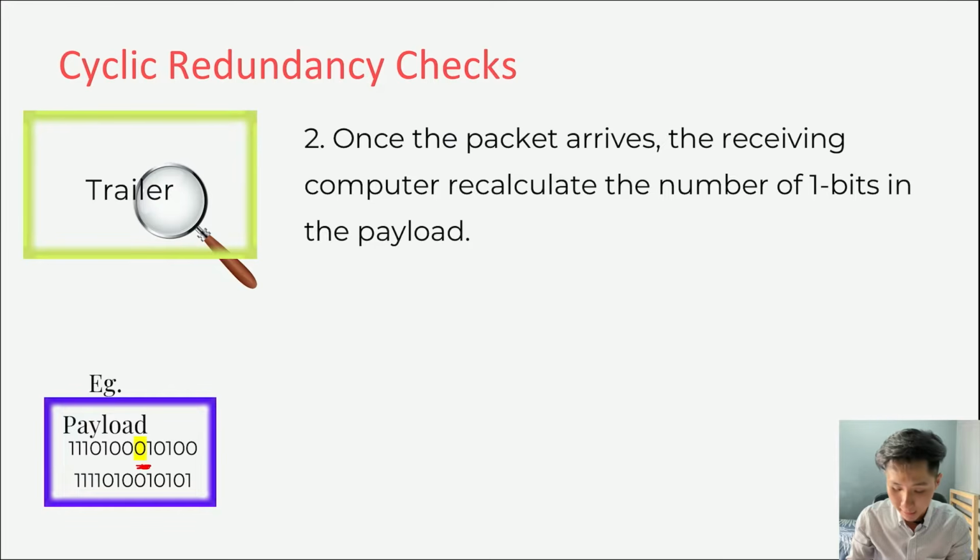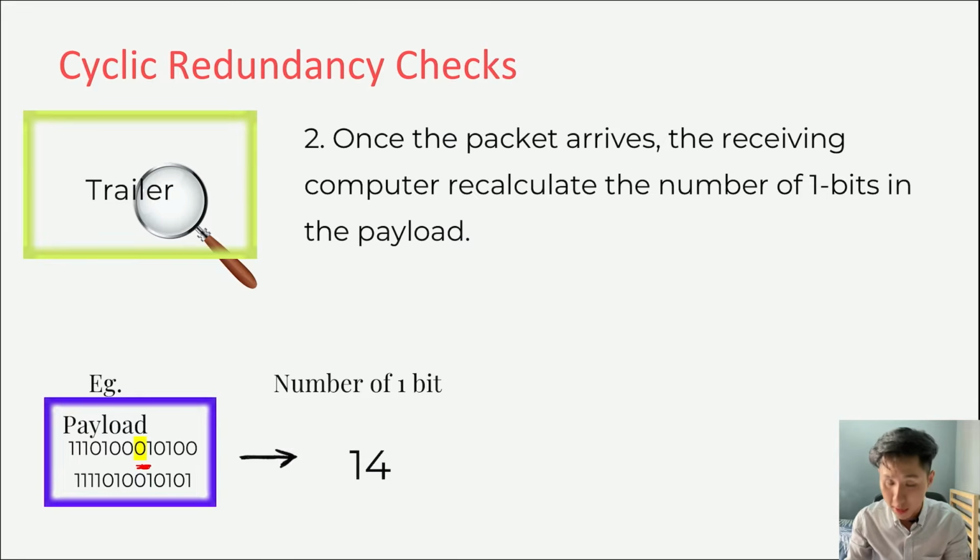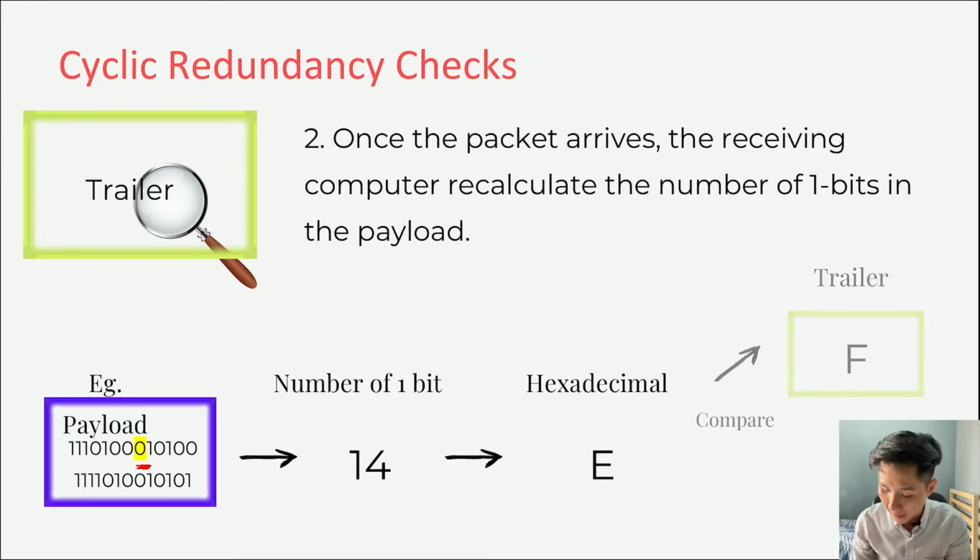We use the same method to calculate the number of 1 bits in the message and then convert it into hexadecimal. This hexadecimal will then be compared with what is stored in the trailer part. If the values are different, then the receiving station will know that an error has occurred during data transmission.